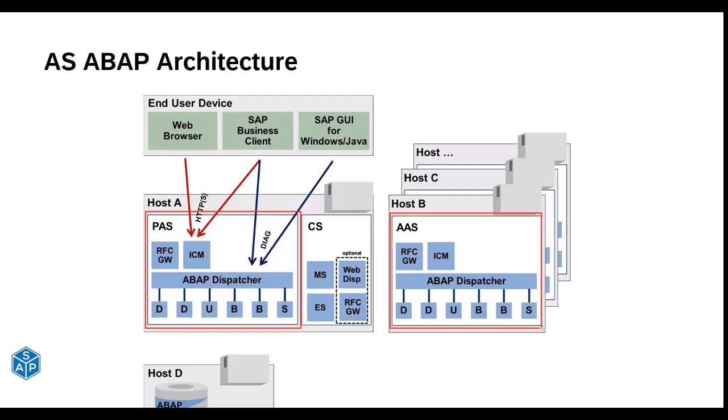What is the difference between these two? Yes, I think for the additional application server, we don't have the central services. See again, can you see the highlighted box that I have created over here? For the primary application server, I have not included this box over here. So what is the difference between the primary application server and the additional application server?